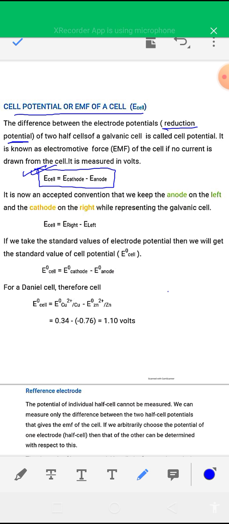Okay, and E cell is equal to E cathode minus E anode, where E cathode is the reduction potential of the cathode and E anode is the reduction potential of the anode. And this cell potential is also known as the EMF of the cell.